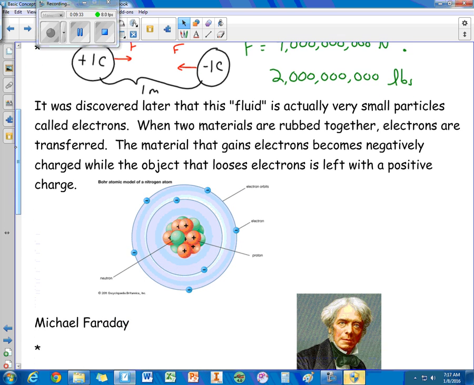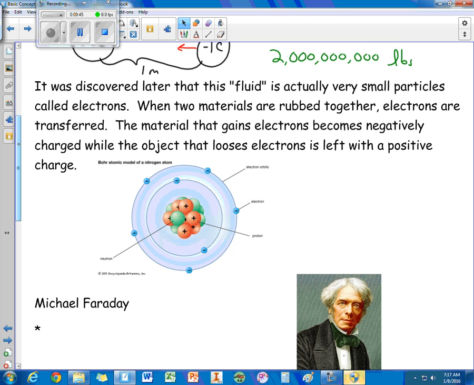Now later, it was discovered that this fluid was not really a fluid. It was actually very small particles, which we call electrons. And as you might remember from chemistry or physical science, for the model of the atom, we have the nucleus, which contains protons and neutrons at its center.